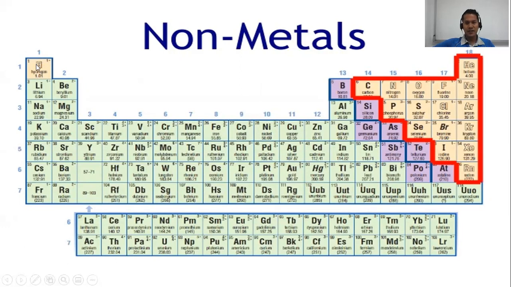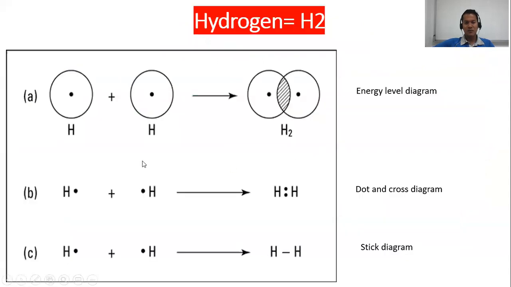Hydrogen is also a non-metal, so don't be confused. Look at the color. They are all the same, because hydrogen is also a non-metal, and this hydrogen belongs to group 1. So what do you expect in group 1? They have 1 valence electron.